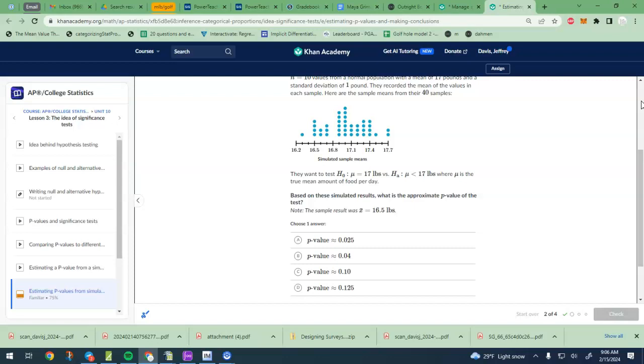So their initial claim is mu equals 17, which is right there. The alternative hypothesis is mu is less than 17. Our sample result comes out to 16.5. 16.5 is right there.